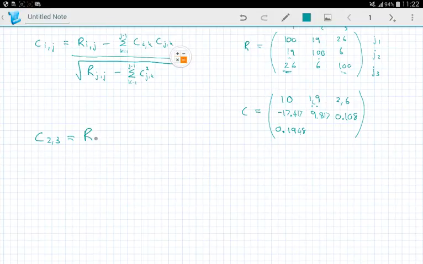Gosh, R2,3 minus what are you going to have?